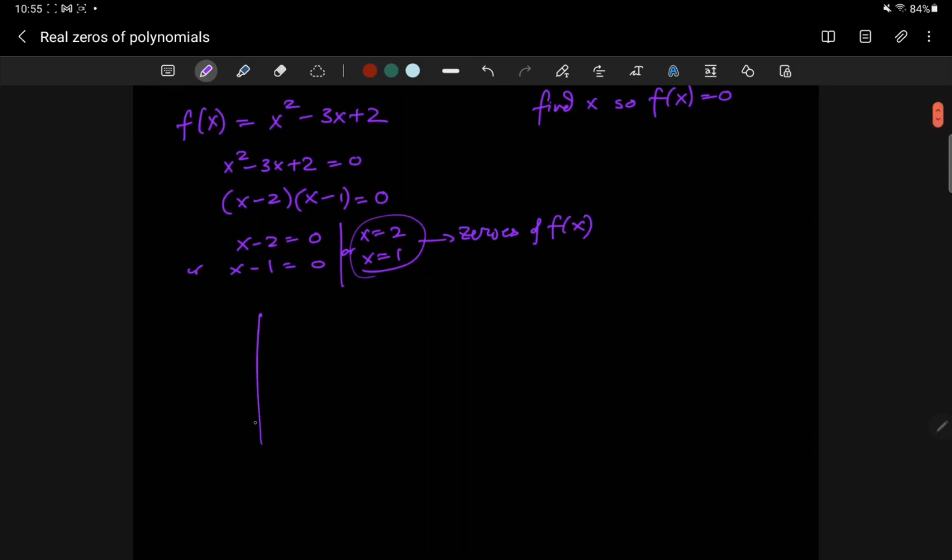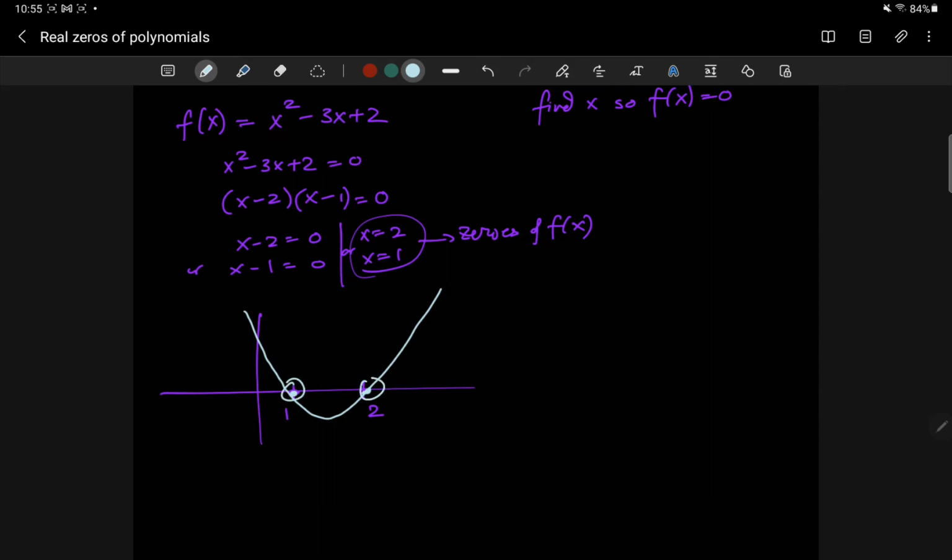Now, if you draw this function, which is a parabola, you're saying that at x equals 1 and at x equals 2, the graph goes through these points. It goes through the x-axis. And this parabola has a positive x squared coefficient, so it is upward opening.